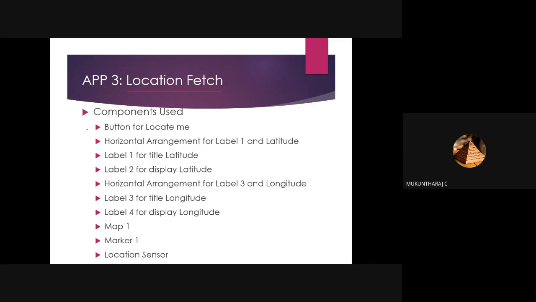We have a number of components here. One button for Locate Me. When I click the button, I'm going to enable my location sensor, and then my mobile is ready to accept the change in location.